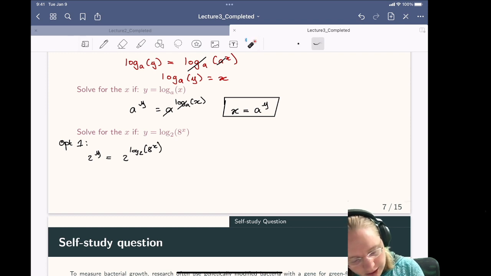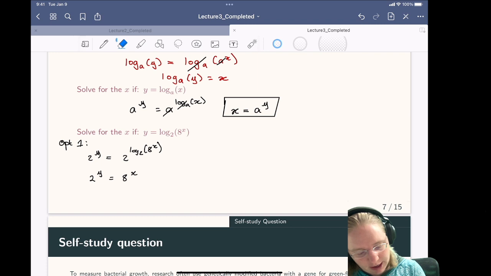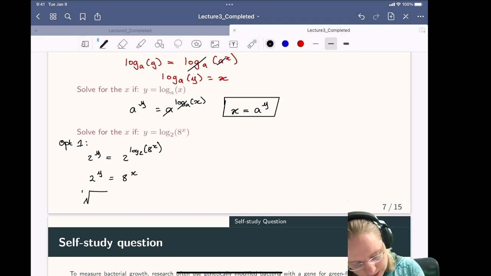Now, the 2 and the log base 2 cancel, so that we only have the argument left. And then we could take the 8th root of both sides to isolate that x. Okay, so that's a little bit cumbersome and not particularly very nice.